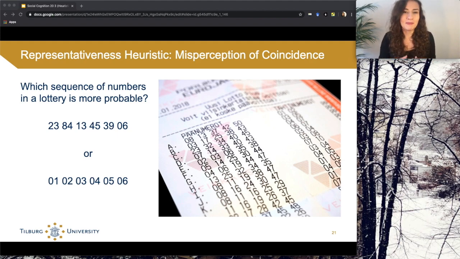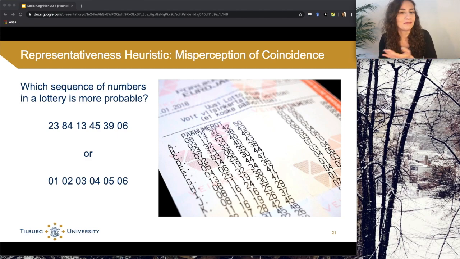But many people, and perhaps even you, will think that the former sequence, the one that starts with 23, is actually more likely to occur than the one that's perfectly ordered. And why is that? From the perspective of representativeness heuristics, we would argue that the 23, 84, 13, and so on sequence just looks more like a sequence of random numbers, right?